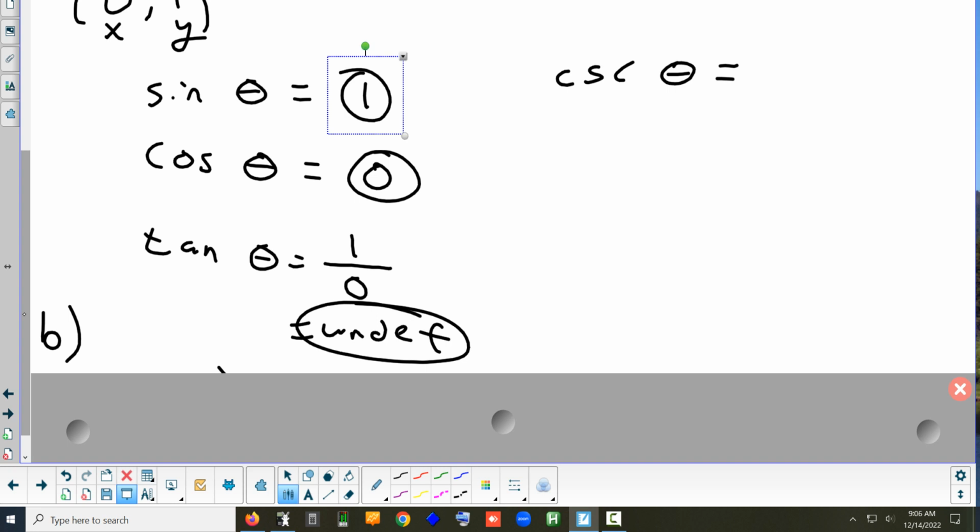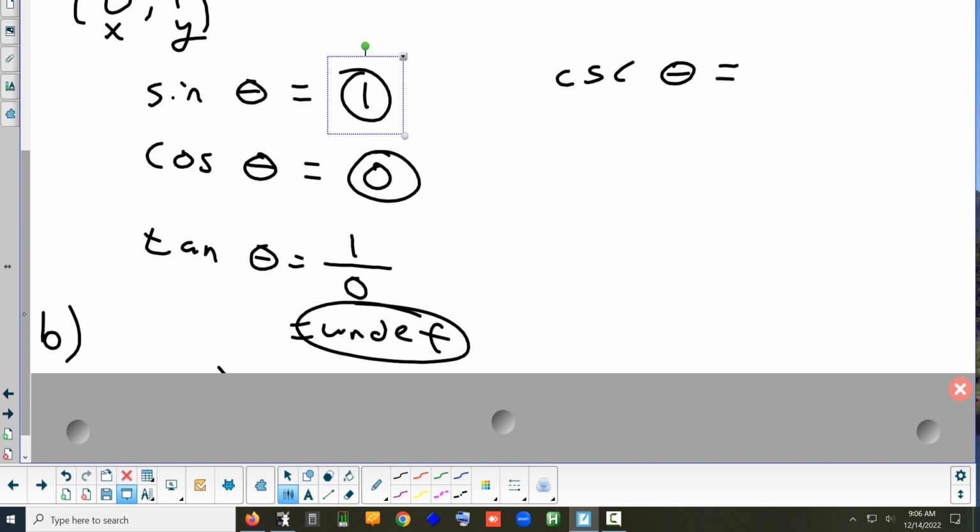So Eli, what would my cosecant be? Would that be negative 1? If we take that and flip it, you don't get negative 1. Is it 1 over 3? Is it 1 over 0 or 0 over 1? Neither. So what is this number as a fraction right now?